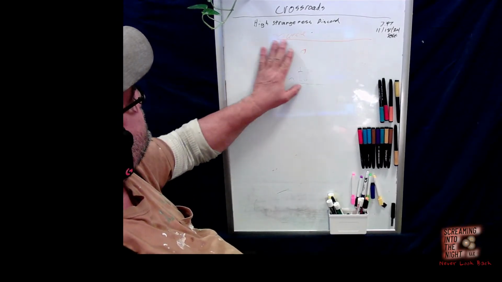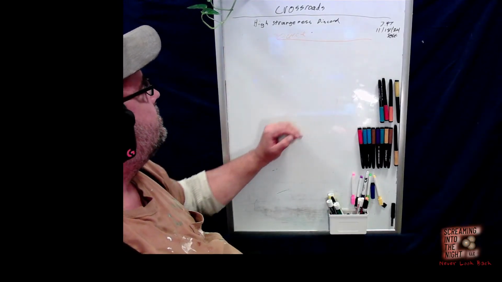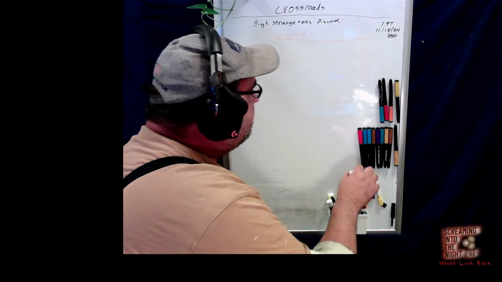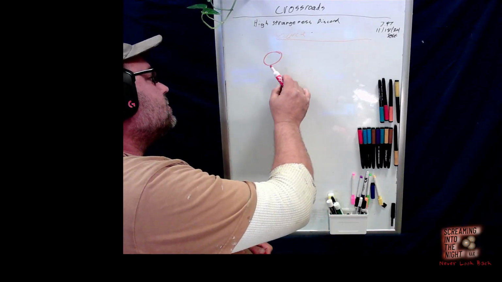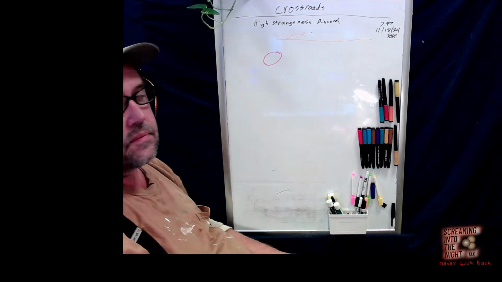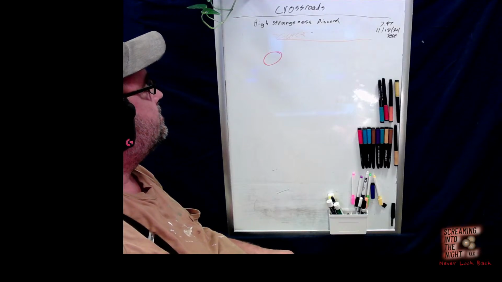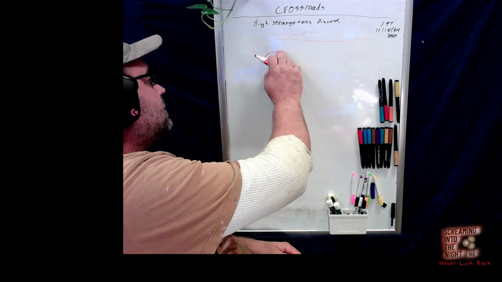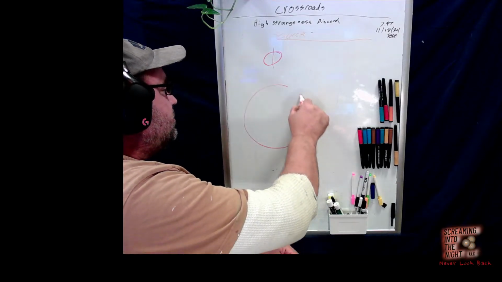Alright, so let us look at the source. We'll use a darker color for the source. So here's the source. Yeah, you can see that one better. So what we're going to do on the source is we're going to cross section it and make it bigger.